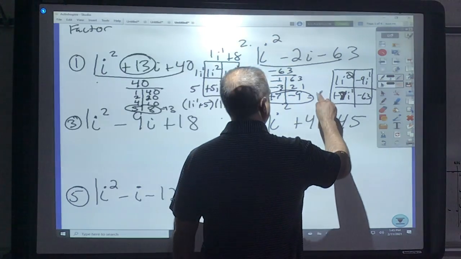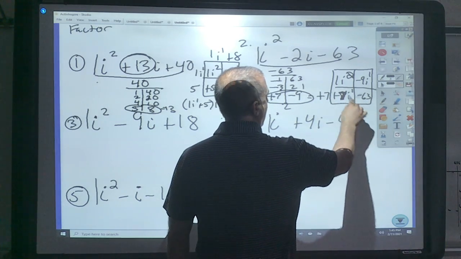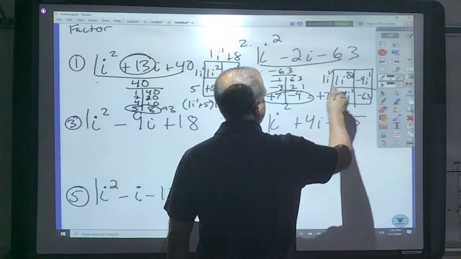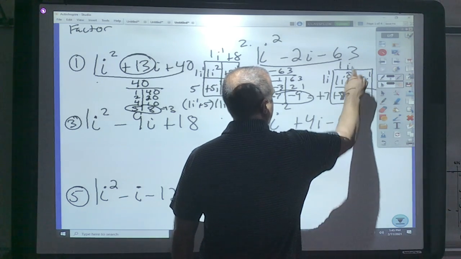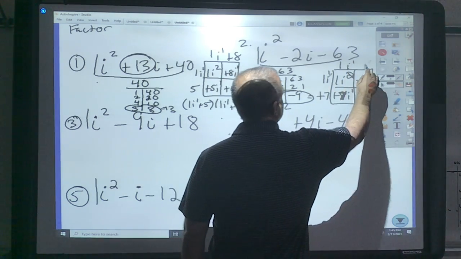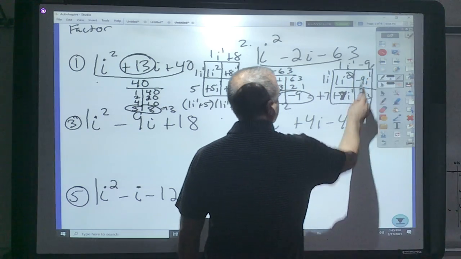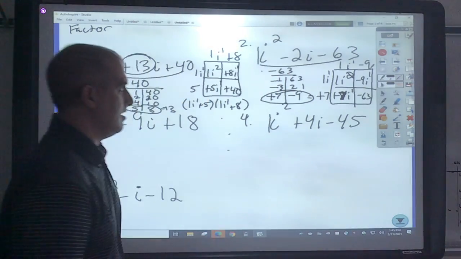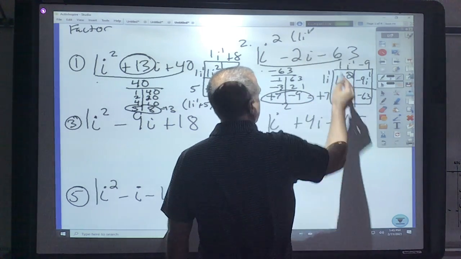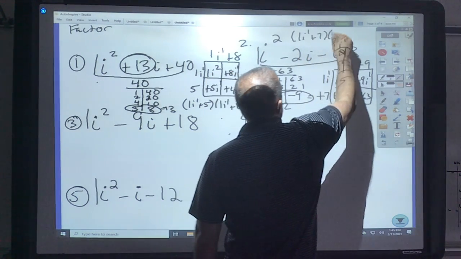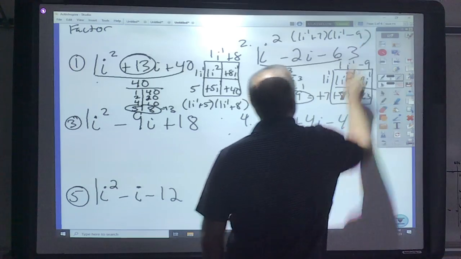So this would be a 7 here, no i. This was a 1. I to the first, because I got i to the first, 1 times 1. 1 times -9, remember that's got to be negative because there's that sign there. So I got 1i to the first plus 7, and 1i to the first minus 9.